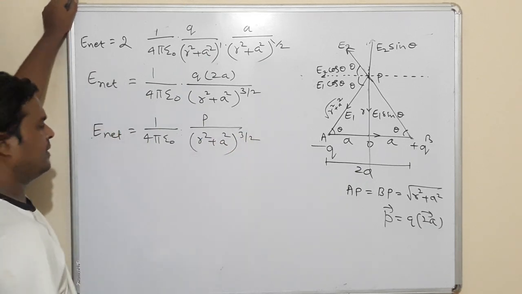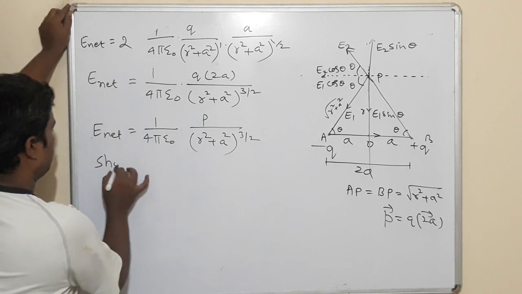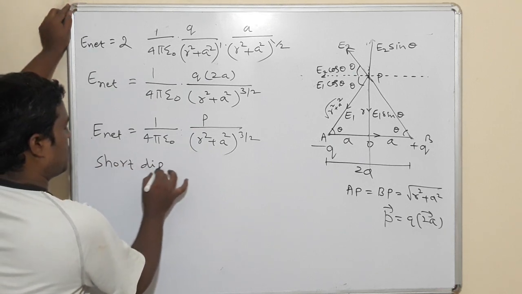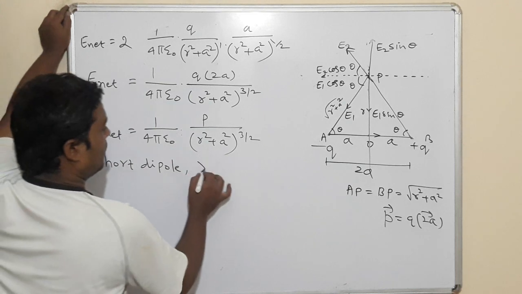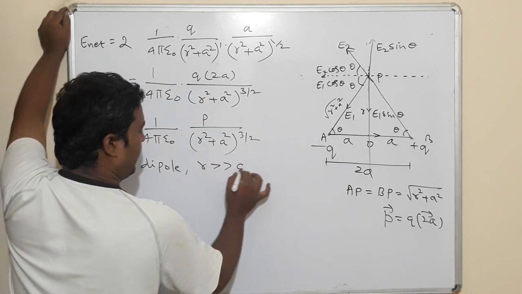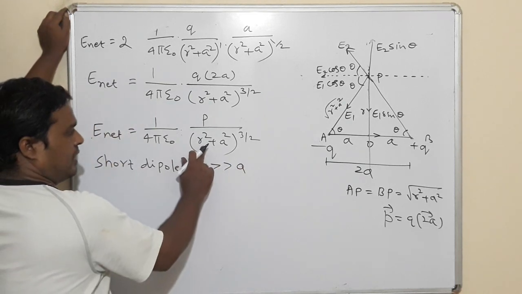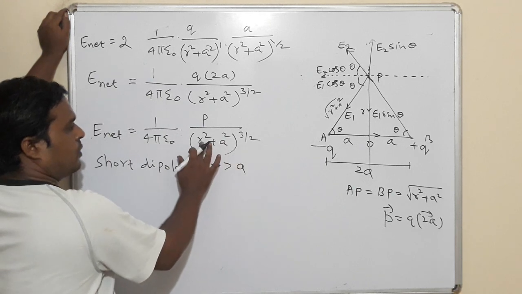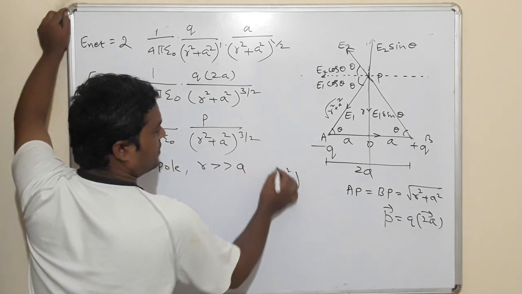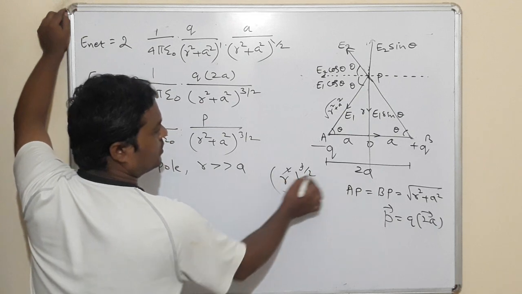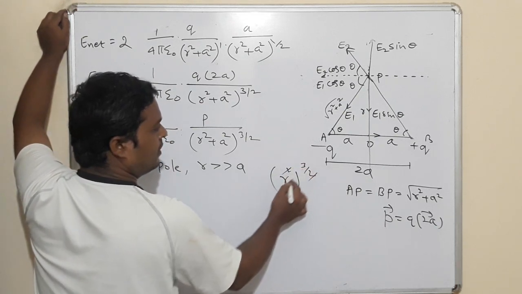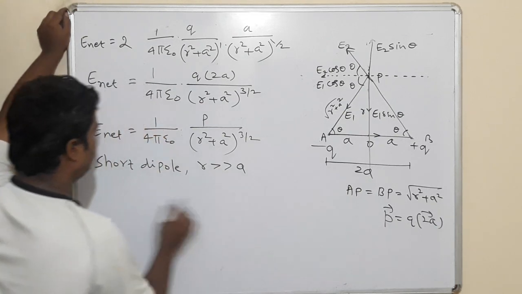This is the dipole. At the start, what assumption did I tell? If I take a very short dipole, then r will be very much greater than a. Then this becomes r square plus 0, which will be r square raised to 3 by 2. This 2 will get cancelled, then r cube will remain.